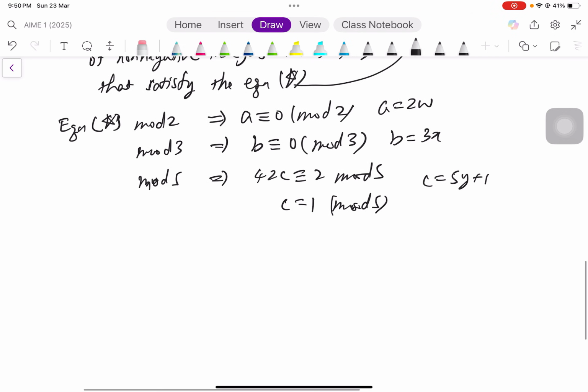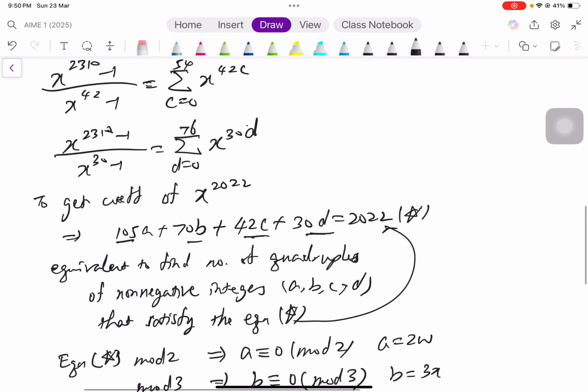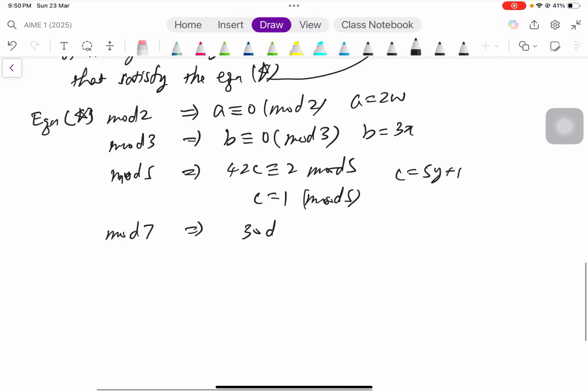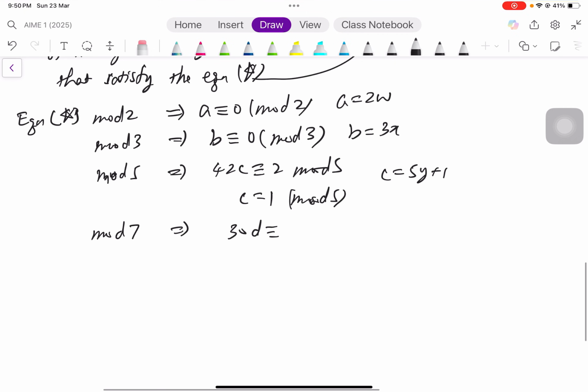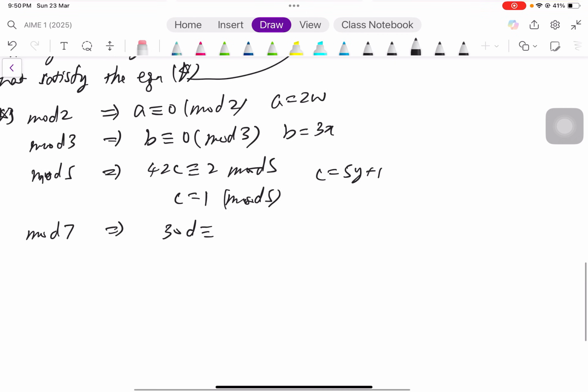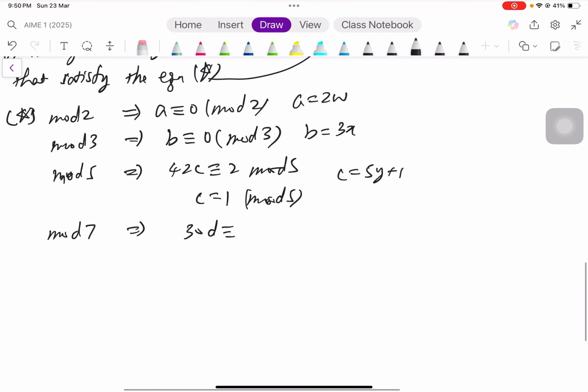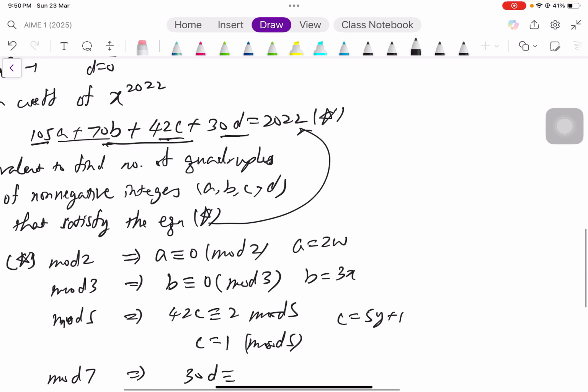Okay, then we look at mod 7. Every single one is divisible by 7. Therefore, in this case, 30d must be congruent to 6 modulo 7.